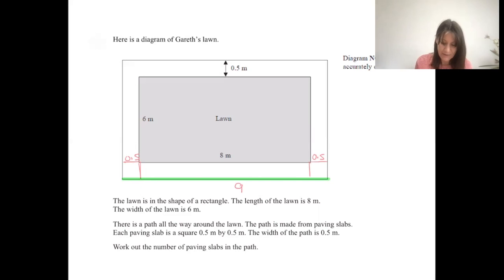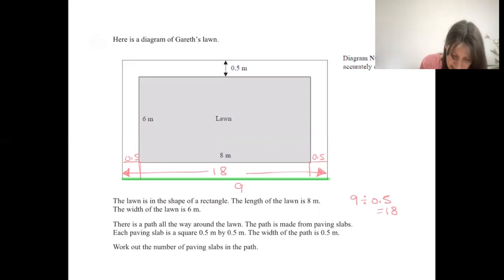And I want to know how many 0.5s I can fit in that length. So the math that I'm going to do is 9 divided by 0.5. How many 0.5s can I get into that 9? And the answer to that is 18. And again, put this information clearly into your diagram. I can fit 18 slabs all the way to that edge and all the way to that edge.